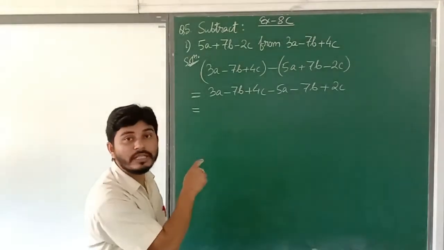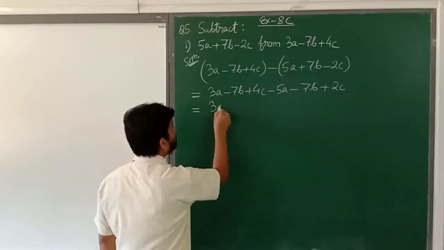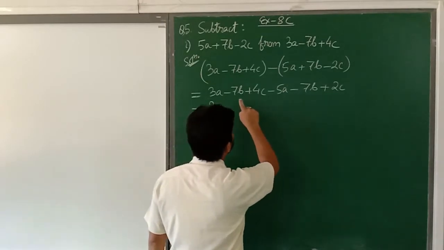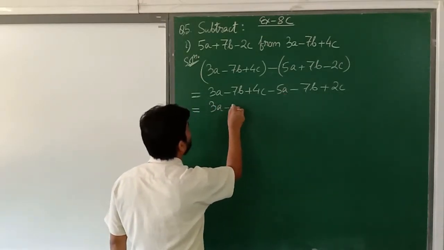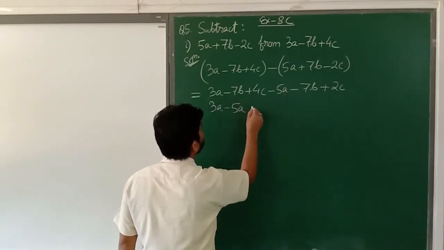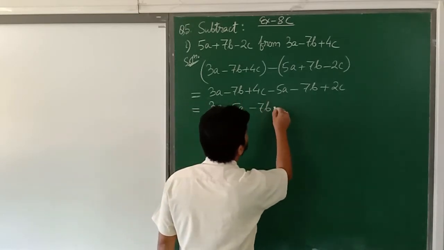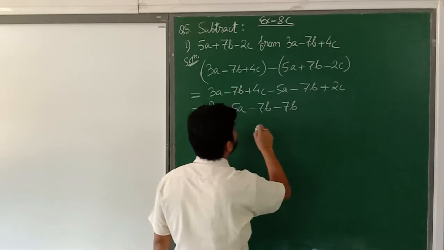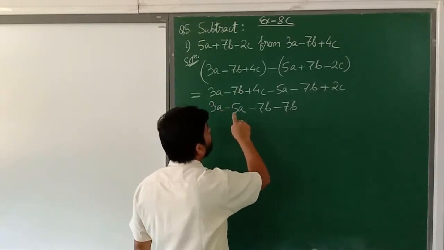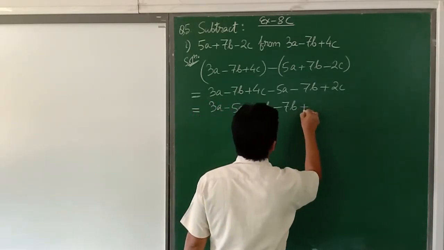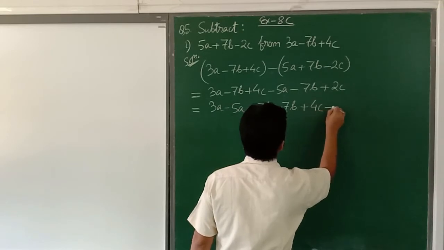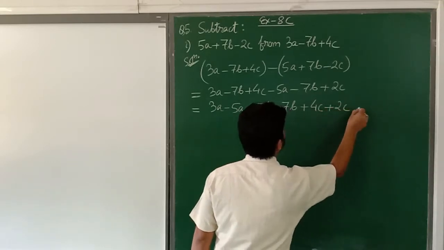Now again the same thing we did in addition. Write the like terms together, group the like terms together. 3a, then look for the term with a, this is minus 5a, then minus 7b, look for the term with b, minus 7b. Then look for the term with c, plus 4c plus twice c.